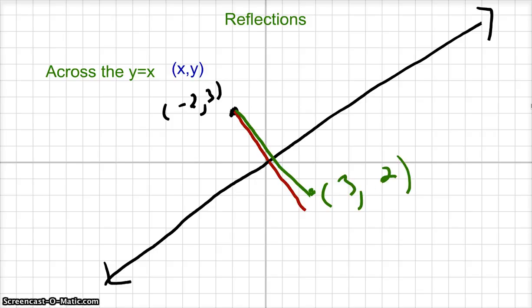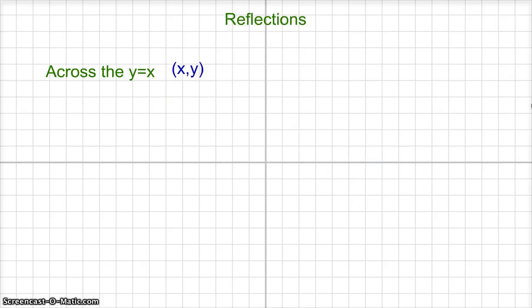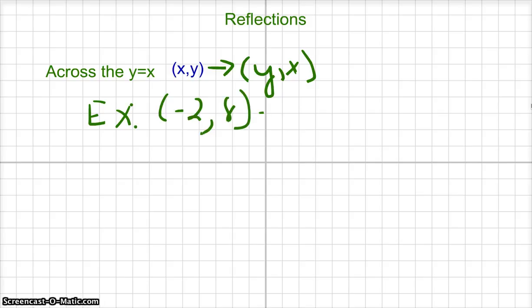So notice the only difference between here and here is that the x and y switch places. Instead of negative 2, 3, it's 3, negative 2. So our rule is when you reflect over y equals x, the x and y switch places. For example, if I had negative 2, 8, and I reflect over y equals x, it would be 8, negative 2.